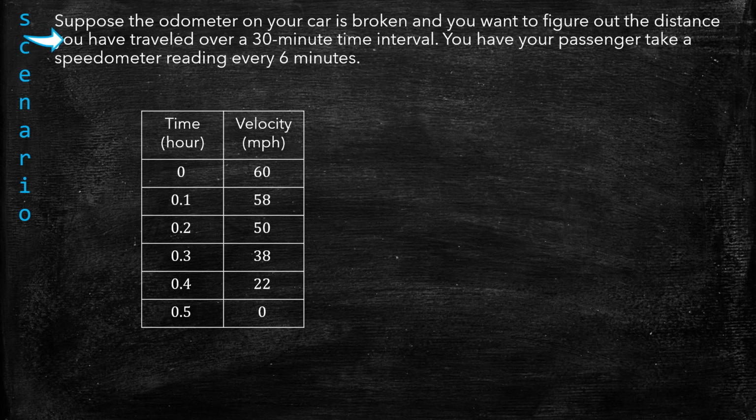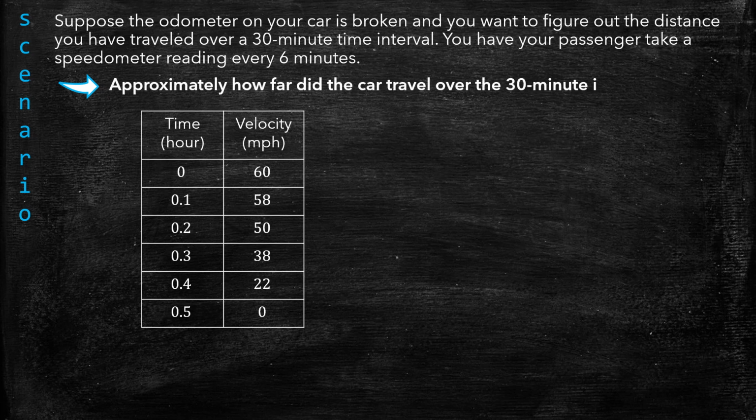And the question that we would like to answer is to find approximately how far the car traveled over the 30-minute interval. Now, I chose every 6 minutes because 6 minutes, when you convert that to hours, is 6/60ths or 1/10, which is 0.1. That makes the decimals very nice.